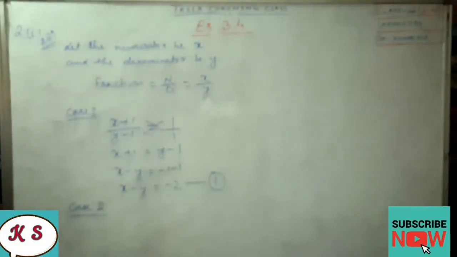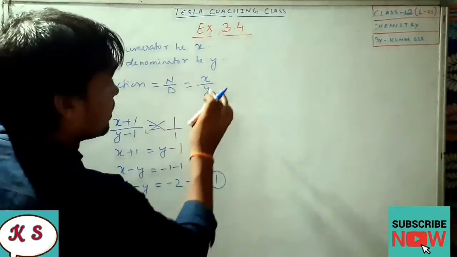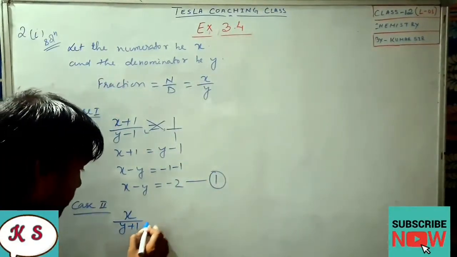Now we are going to see case number 2. In case 2, it is said it becomes half if we only add 1 to the denominator. Only add 1 to the denominator, meaning in the numerator we are not adding anything. Only in the denominator we add 1, so y plus 1.